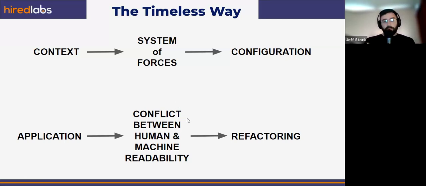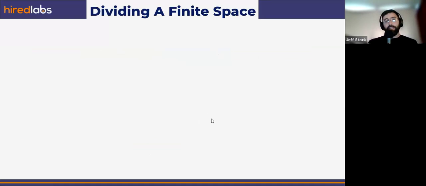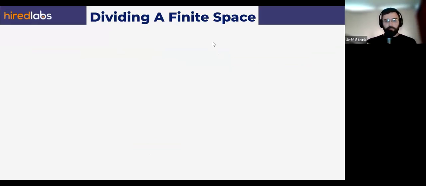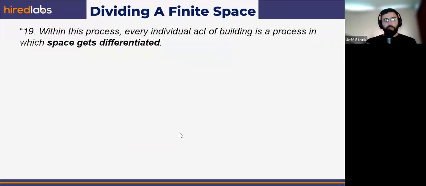The other really important concept I want to keep in mind as we go forward is the idea of dividing a finite space. In the abridged table of contents of this book that I'm encouraging you to check out, The Timeless Way of Building, point number 19 talks about how each individual building thing is differentiating space within itself.